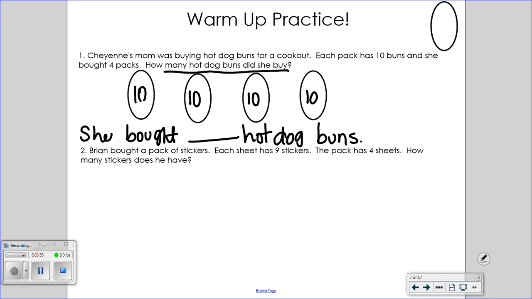That's not addition. I want an addition equation. 10 plus 10 plus 10. Did I do 30 or did I do 40? Oh, let's plus it again.